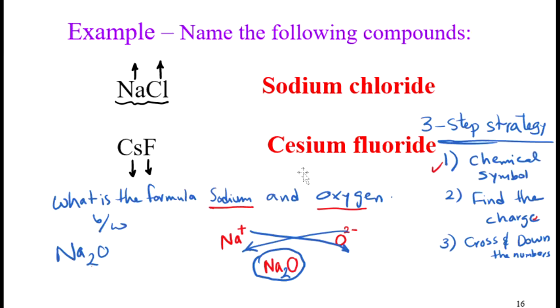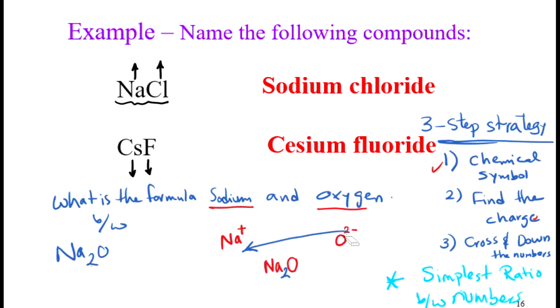One thing I am going to ask you regarding this 3-step strategy: we need to report the simplest ratio between numbers. You are going to know what that means.